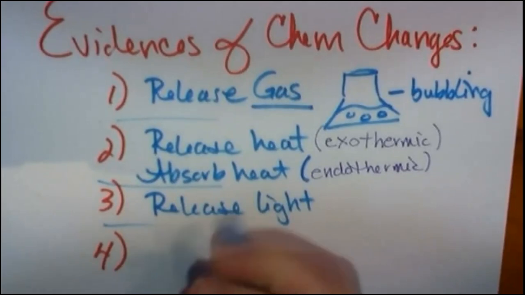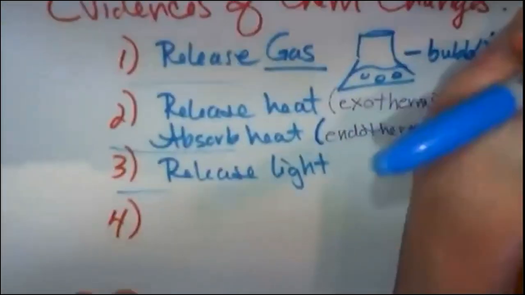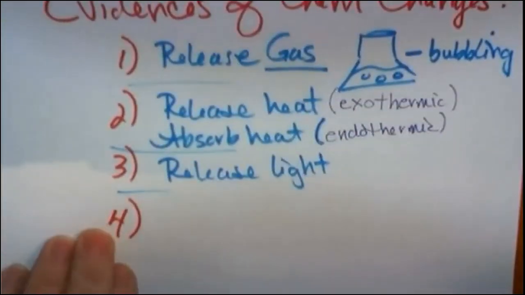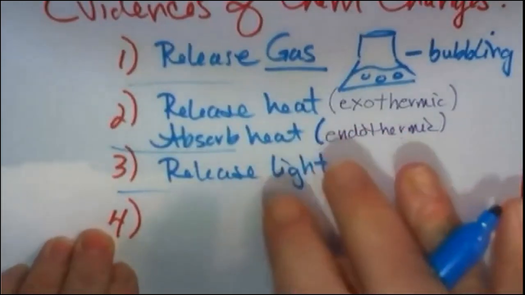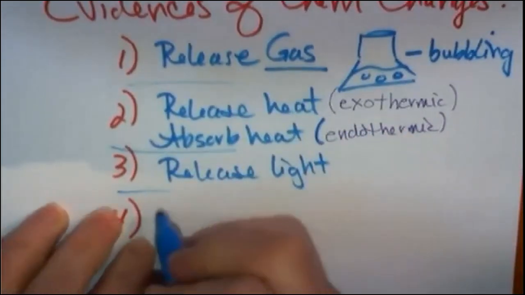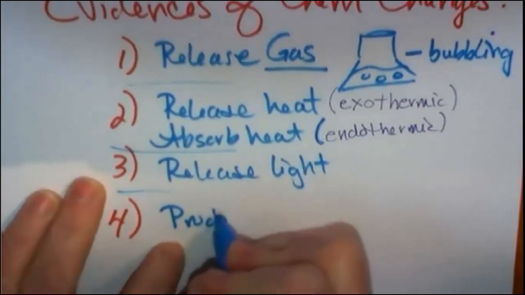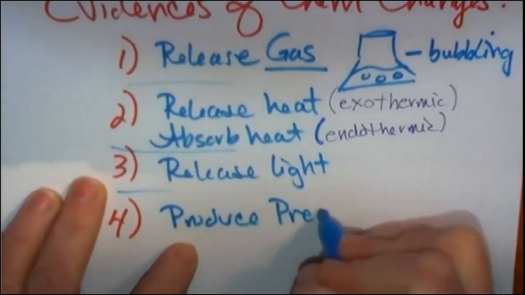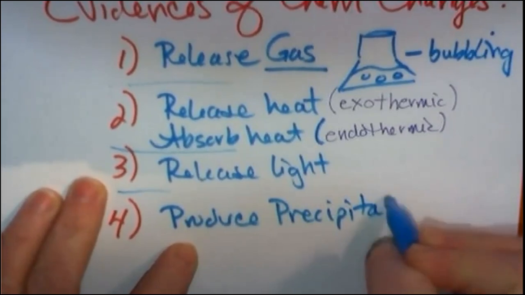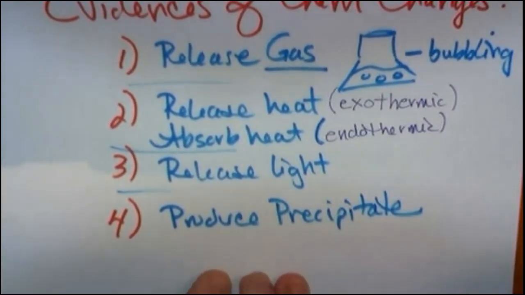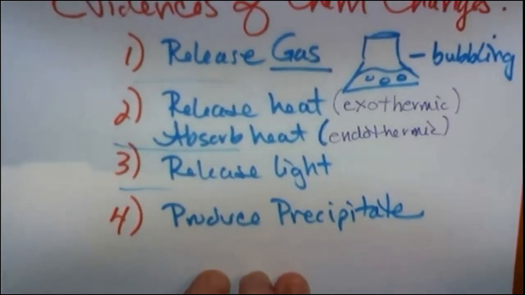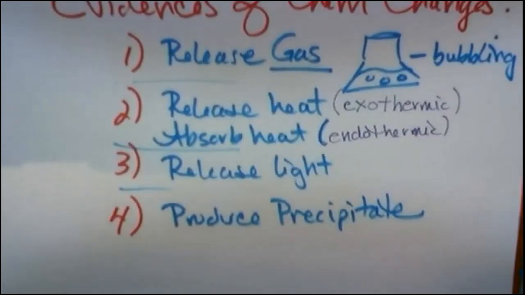And the fourth, now there can be other things, but there's no denying that you are definitely performing a chemical reaction if you produce a precipitate. Okay, if you produce a precipitate, and a precipitate has a special definition.